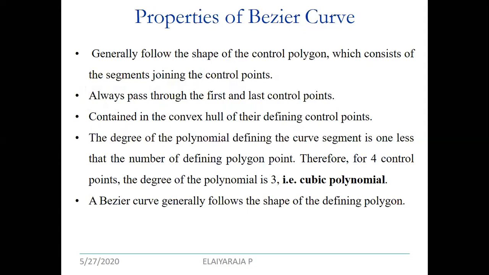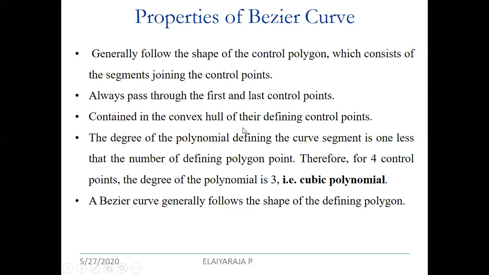And what are the properties of the Bezier curve? It generally follows the shape of the control polygon, which consists of the segments joining the control points. It always passes through the first and last control points, which we call the end terminating points, and sometimes it contains the convex hull of its defining control points.